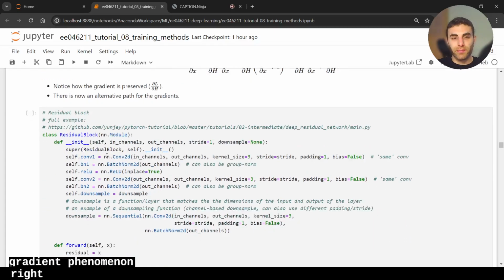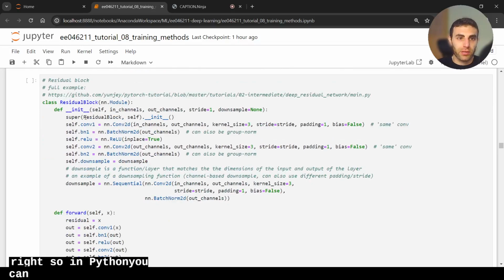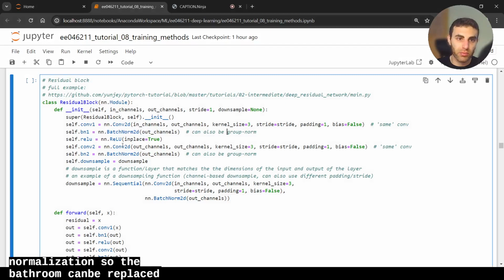Right. In PyTorch, you can take a look at the full example here, but here's an example of a residual block. It's usually comprised of two convolution layers, batch norm and activations. Of course you can change the activations and the normalization, so the batch norm can be replaced with group norm, and the activations can be changed to swish or whatever you like.